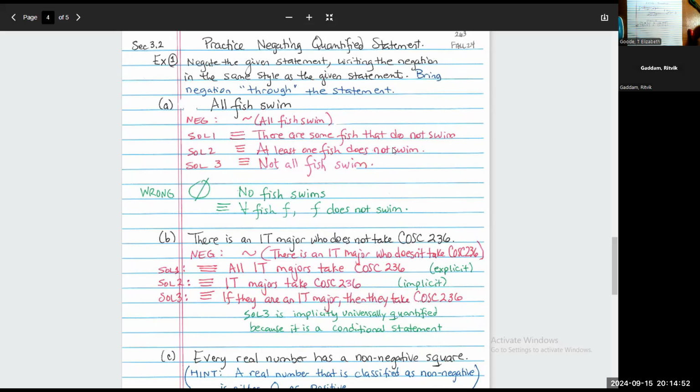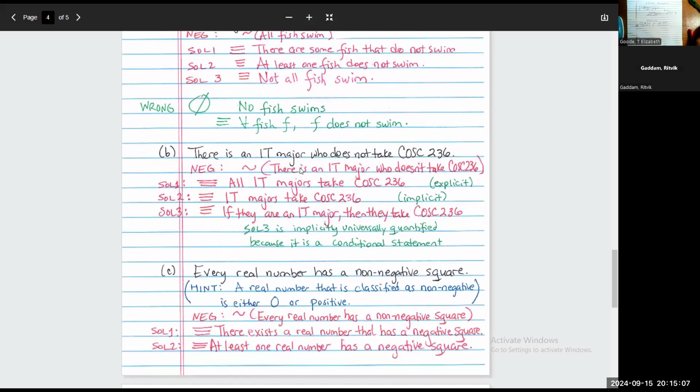These are existential. Even the phrase not all fish, that's not universal, even though the word all is in there. It's actually existential. It means there is a fish that doesn't swim. The incorrect negation would be to say that all fish don't swim. This is even listed as an incorrect negation because that's the wrong quantifier.